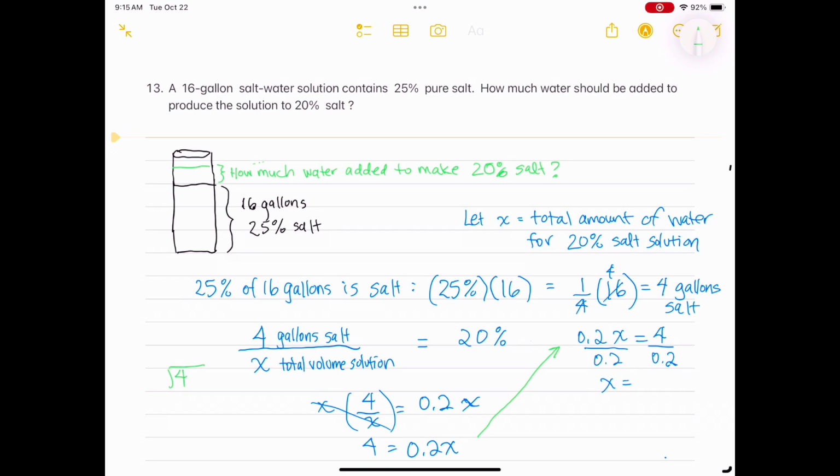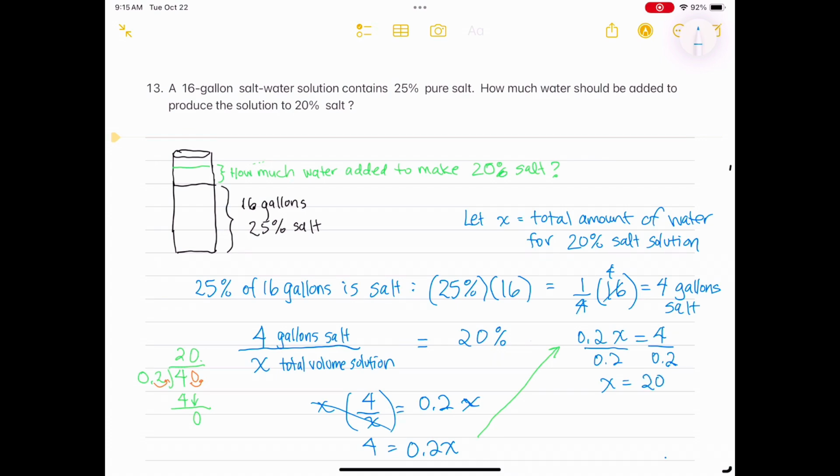On the left-hand side, the numerator and denominator cancel, leaving x by itself. On the right-hand side, I have 4 divided by 0.2. I do that calculation on the side on the left here, and that works out to be 20. So 4 divided by 0.2 equals 20.